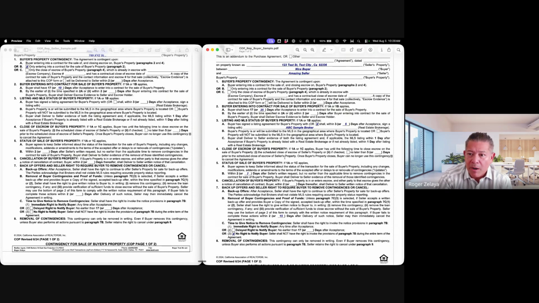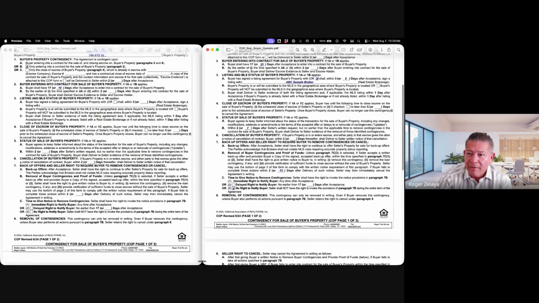Whereas if you are representing the buyer over here, close of escrow, which is number 4, you can also leave it blank, right? Number 5, representing the seller, I left it within 2 days, but representing the buyer, I want to give myself 7 days. Now, just because you put 7 days on there does not mean they're going to accept it, right?